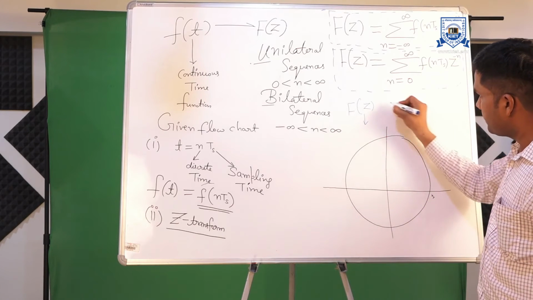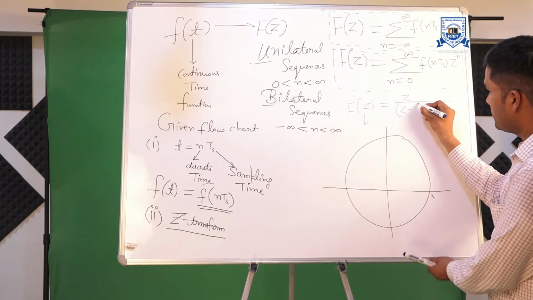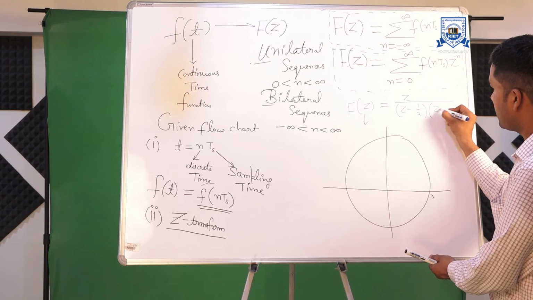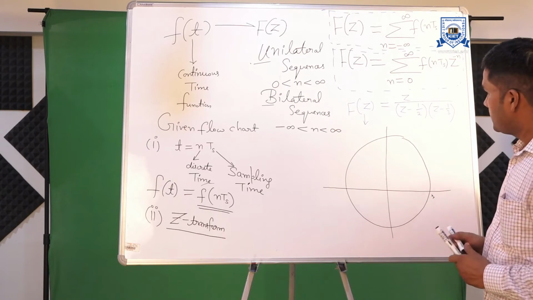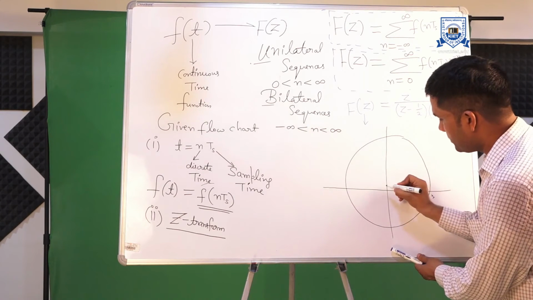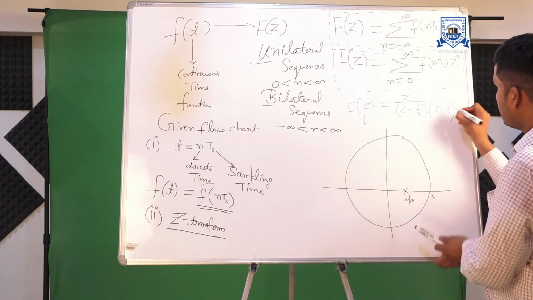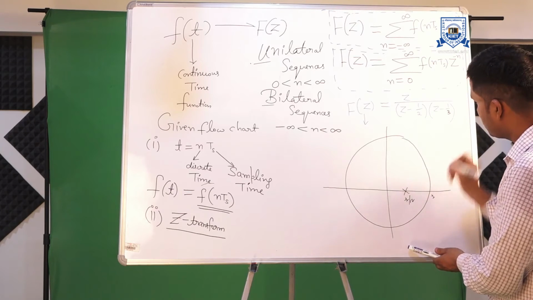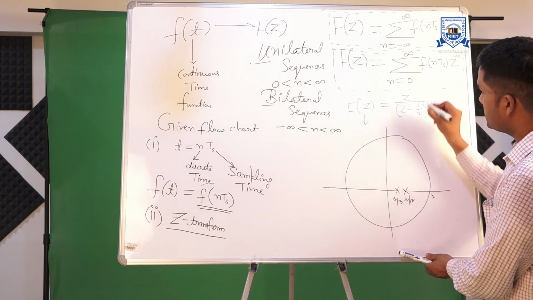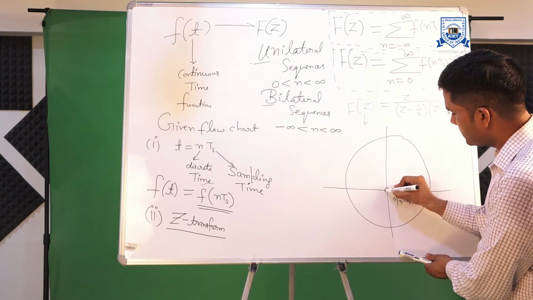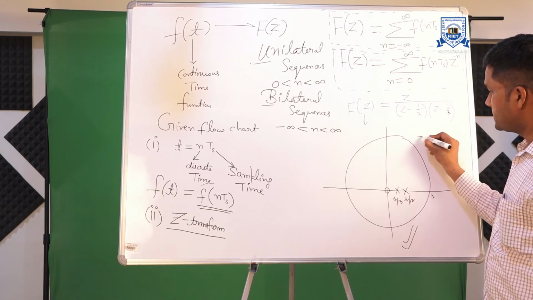For example, if F(z) is equal to z upon (z minus 1/2) into (z minus 1/3), then we can plot the poles at z equal to 1/2 and 1/3, and a zero is present at z equal to 0. So this is F(z) and this is the z plane.